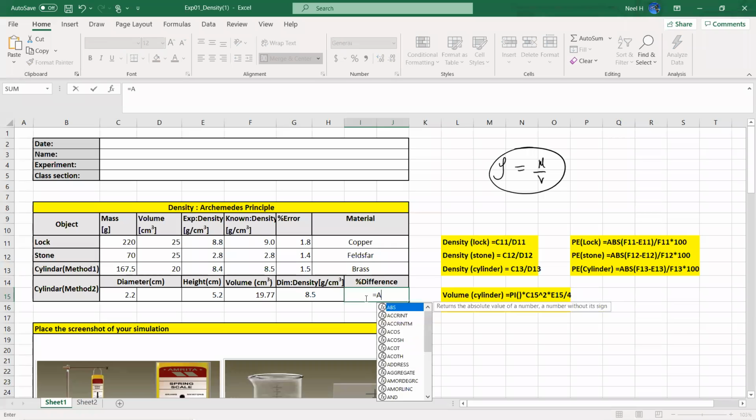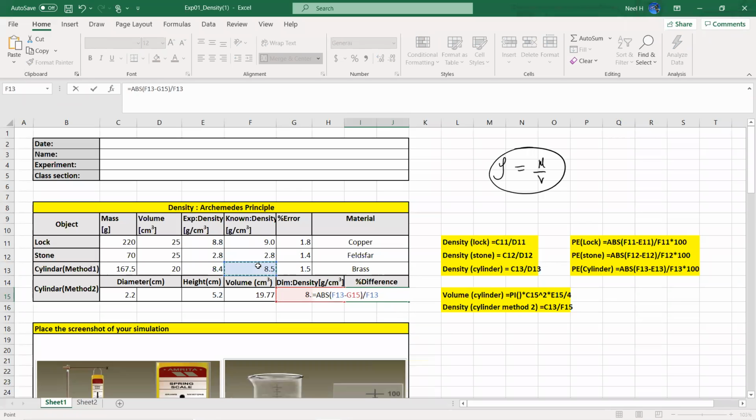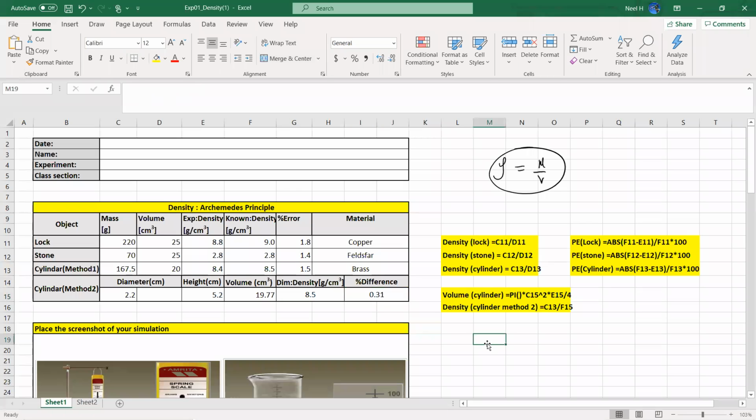Equal sign, ABS, open brackets, known value 8.4 minus the new cell G15, divide by F13, multiplied by 100. You can see a very small number there. The reason is, even though we rounded, some of the decimal places are still being read automatically.